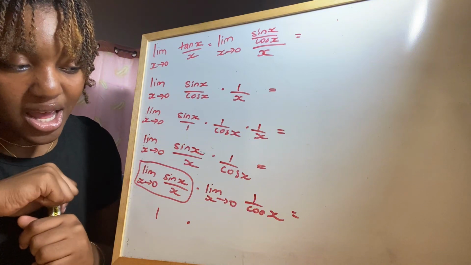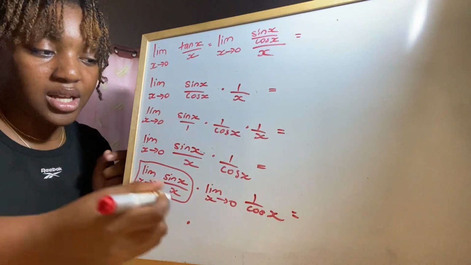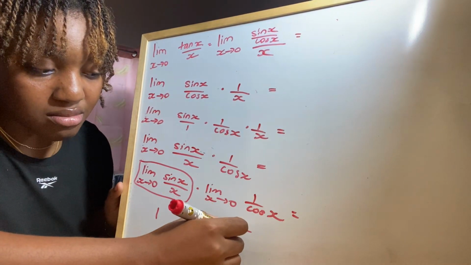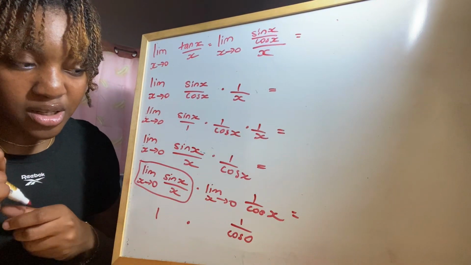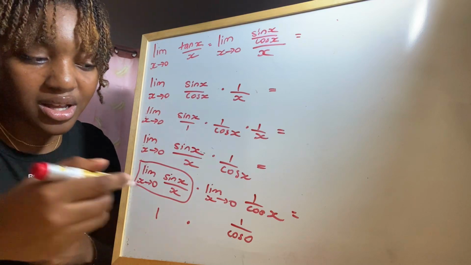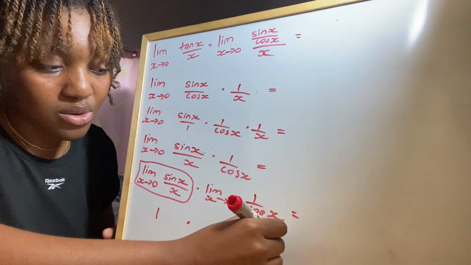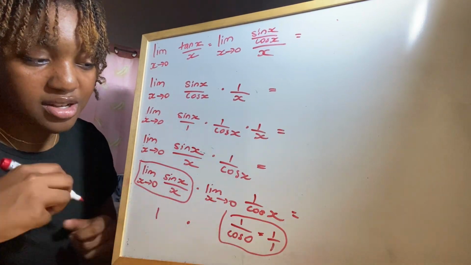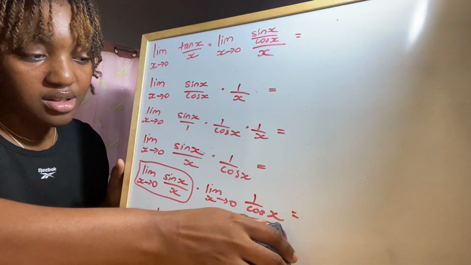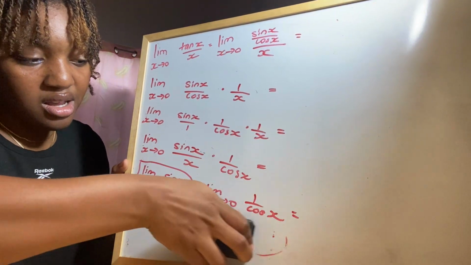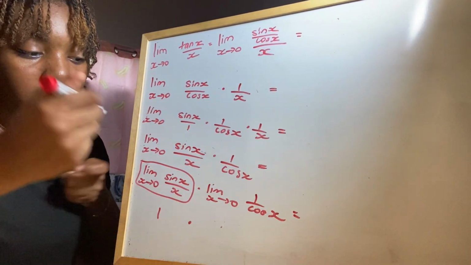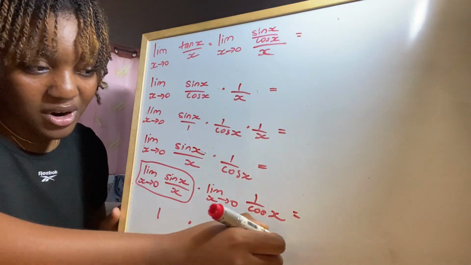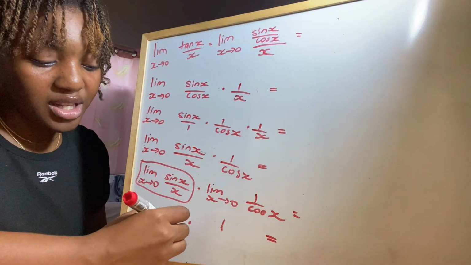So we have x approaching 0. All we do is substitute 0 into the expression. So we're going to have 1 over cos 0, and that would be equal to 1 over 1. So that would just be 1. So we know for that limit, that would be 1. So we'll have 1 being times by 1. Therefore, the answer would simply be 1.